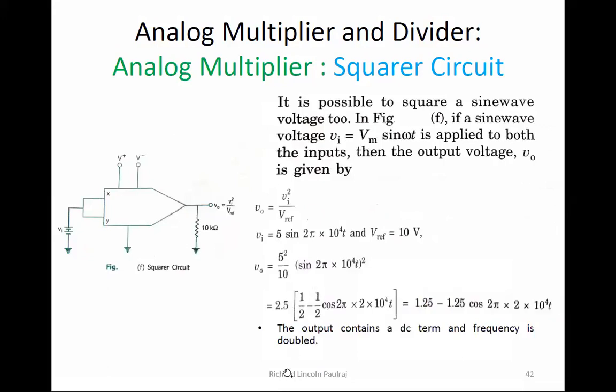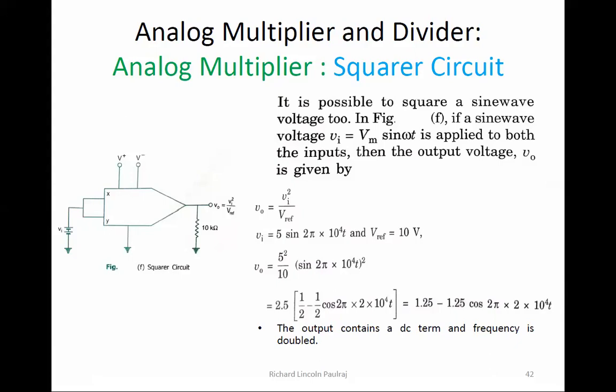Now let us quantify them in the form of equations. It is possible to square a sine wave voltage too. If I'm giving a sine wave as input and I want to square it, which means I want to multiply it by itself.